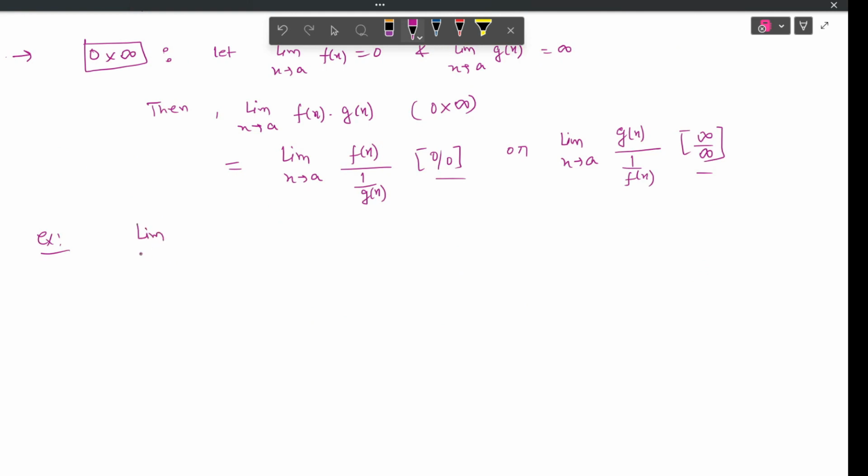Limit x tends to 0 plus, x to the power n log of x. Here n is positive.